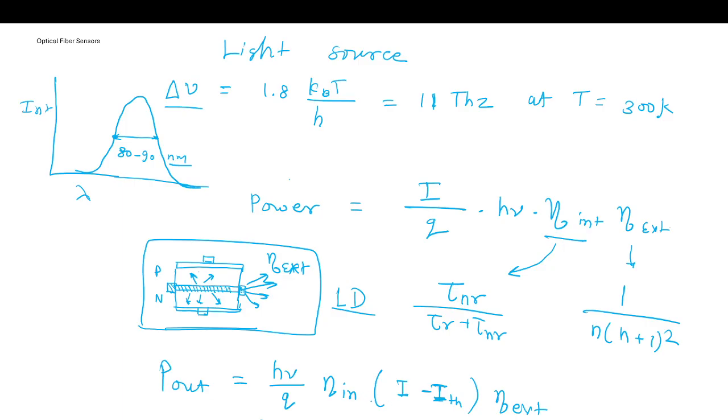So stimulated emission will act as lasing, and this eta external will behave like alpha m divided by alpha r, which is the loss from this side. Alpha m is the loss from the mirror side, and this side is reflective coated. So this is alpha r loss, and this has alpha m loss. Okay, so the output power depends on this particular parameter also.